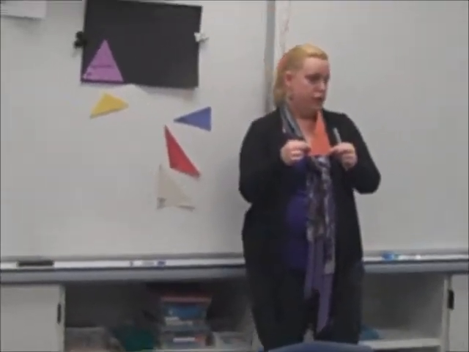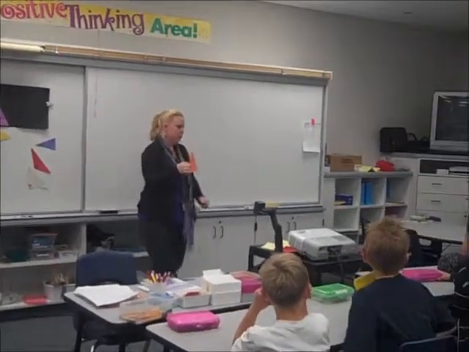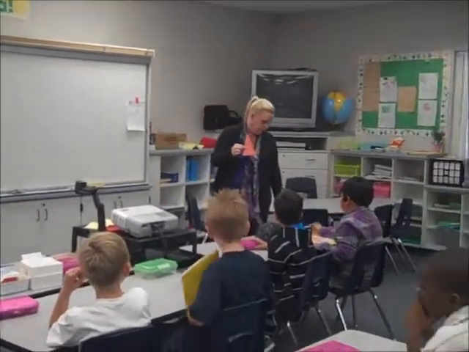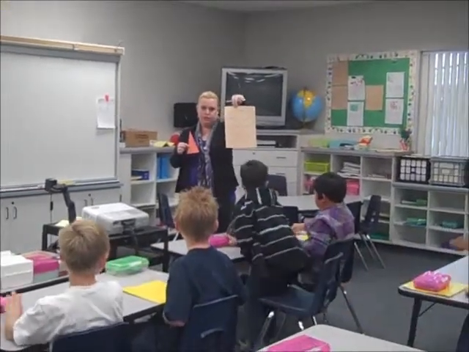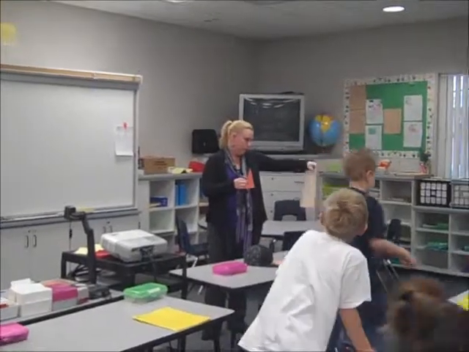Ian, what are you using right now? What resource are you using to find it? Your worksheet? Do you guys have your worksheets? You can get those out if you would like to use them.